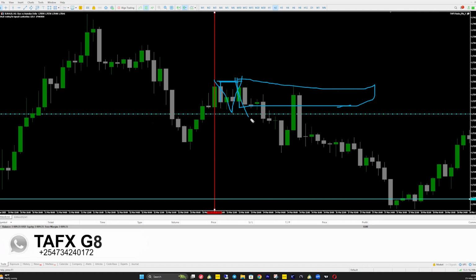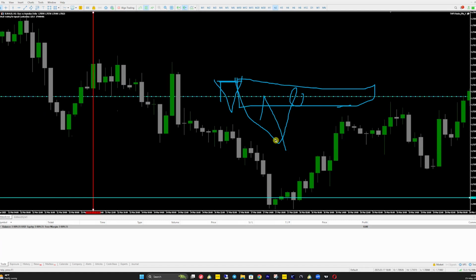So we wait for the market to come and mitigate our order block, like here, then we can sell that market. So when the market mitigates our order block, which order block? Because you must master the order blocks. The order block means that there is a candle somewhere that also took out the low or the high of the previous candle.